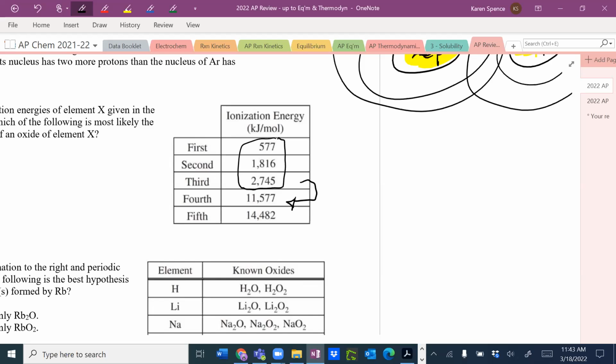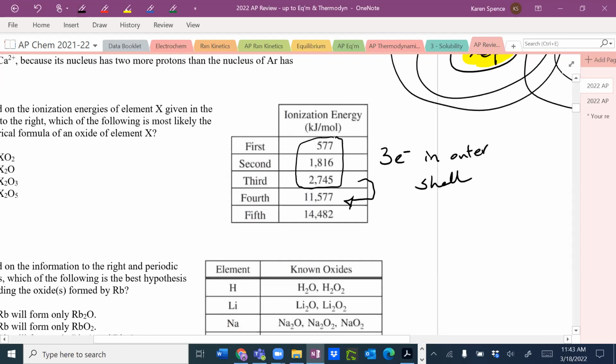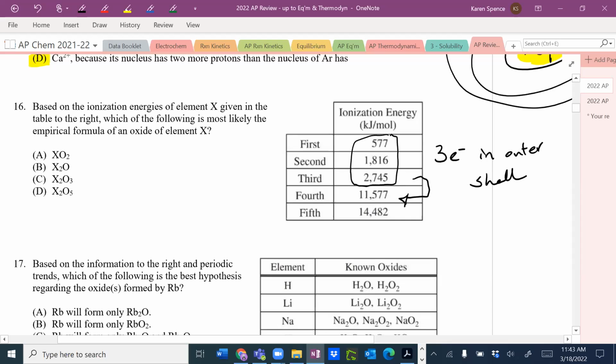So we are looking for something that has 3 electrons in the outer shell, because our 4th electron would then be in an inner shell and more difficult to remove. And if we have 3 electrons in the outer shell, that means it's going to form a 3+ ion, and oxygen, of course, is a 2- ion. So we should end up with X2O3.